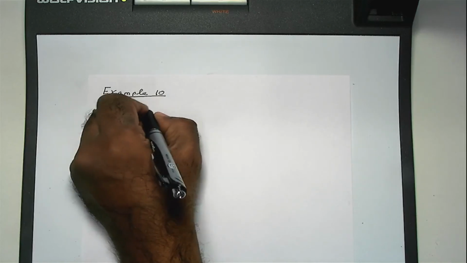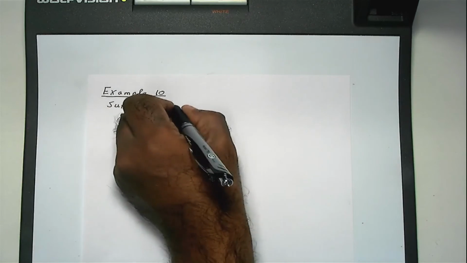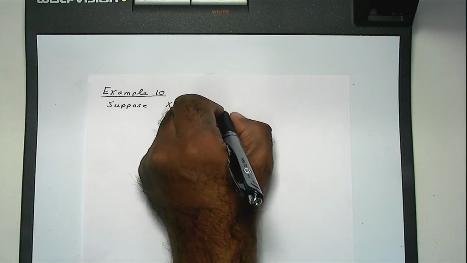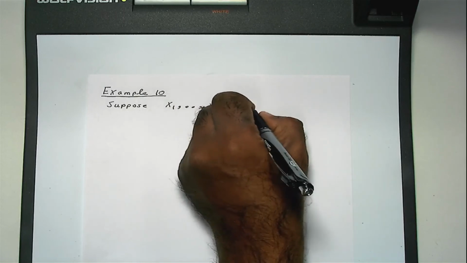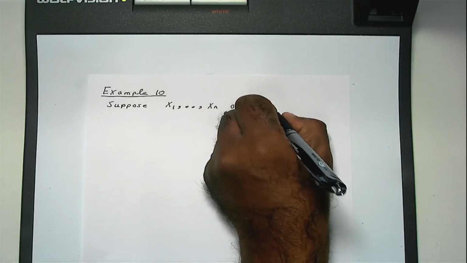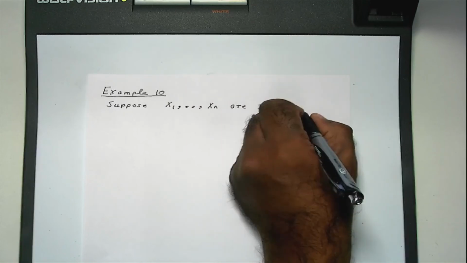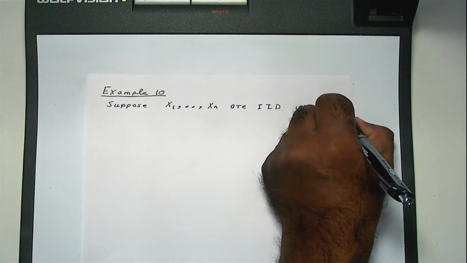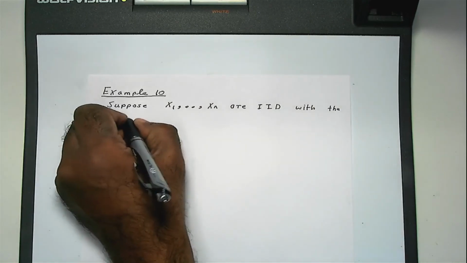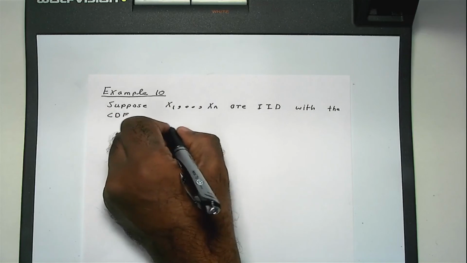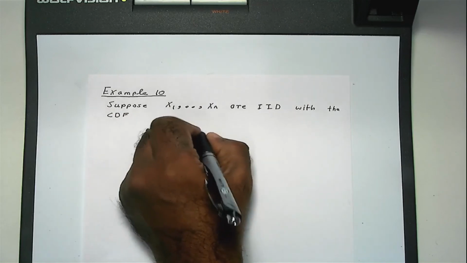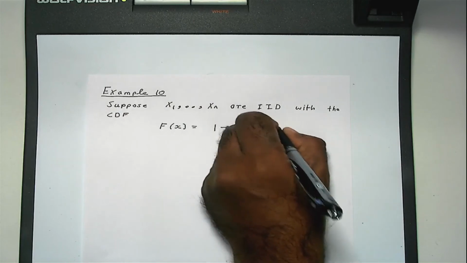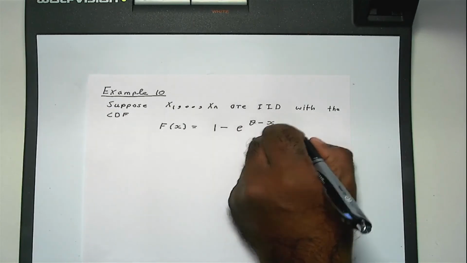Suppose x1 to xn are IID with the CDF given by the following formula: F of x equal to 1 minus e to the power of theta minus x, where x is greater than theta.